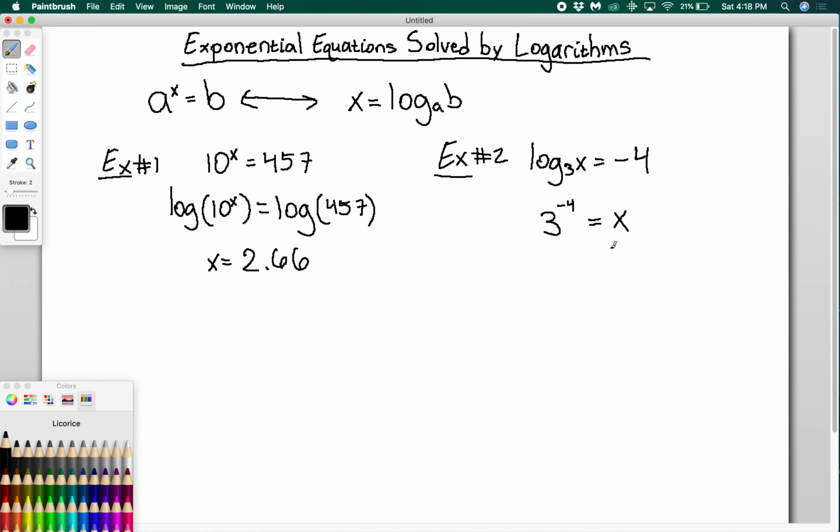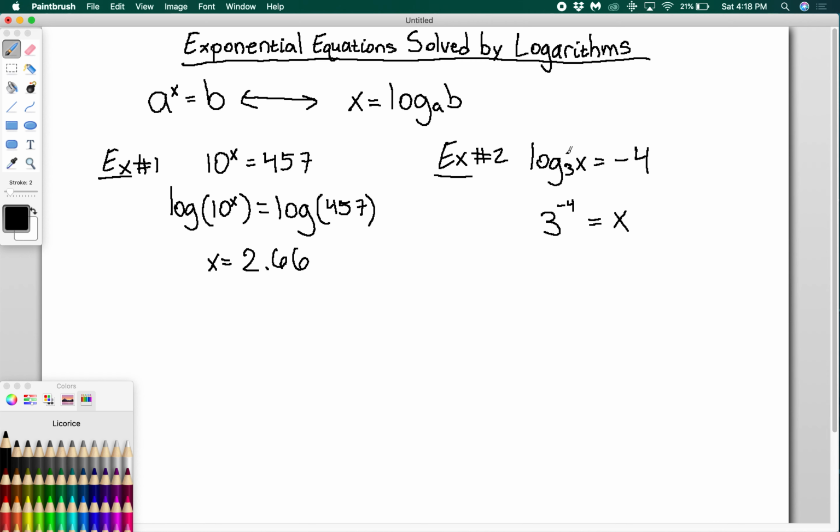Now, there are 2 ways you can do this. You can just say, well, it's always going to be the base raised to this other power, it equals the thing over here, and you can memorize that and run with it. If you want to understand why, remember the derivation we did at the beginning, where we can go in the opposite direction.